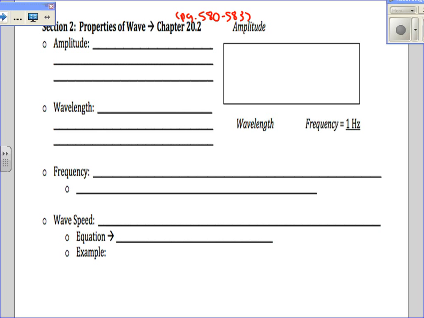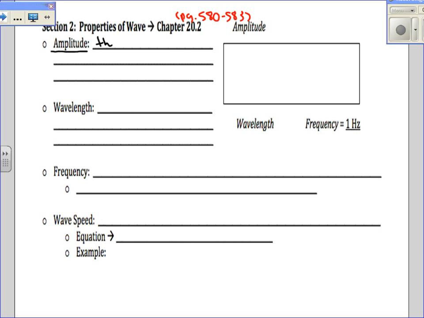So what we're going to discuss first is amplitude. Amplitude is the maximum distance that the particles of a wave's medium vibrate from their rest position.